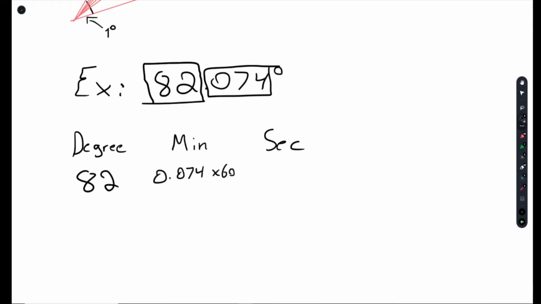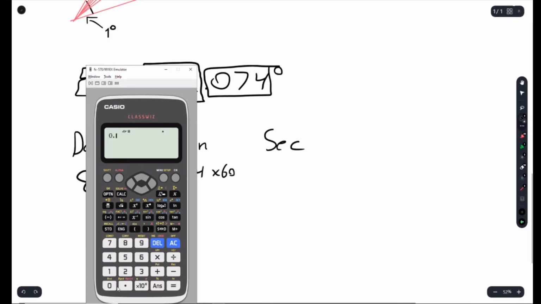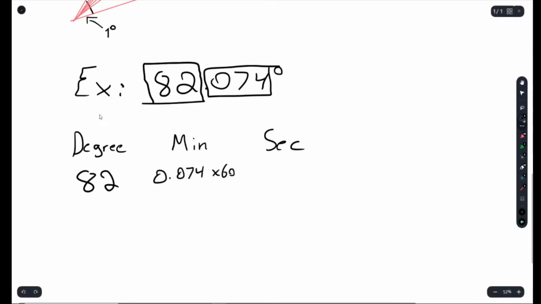This gets you 4.44. Again, you take the whole number, the one before the decimal point, and that's your minute.